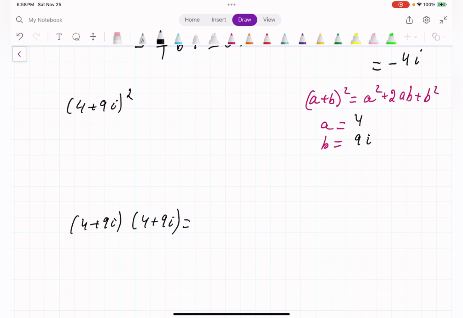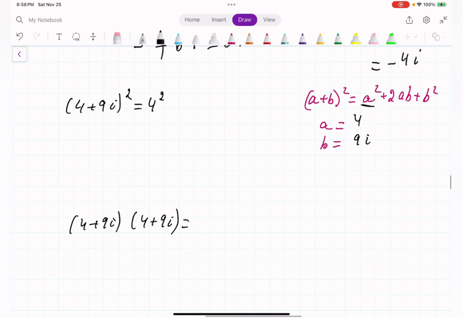All right, so we need to use first a squared, which is going to be 4 squared, and then plus 2 times a is 4, b is 9i, and plus b squared, which is going to be 9i squared.